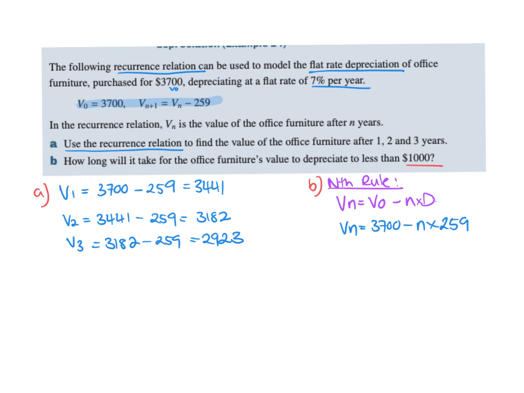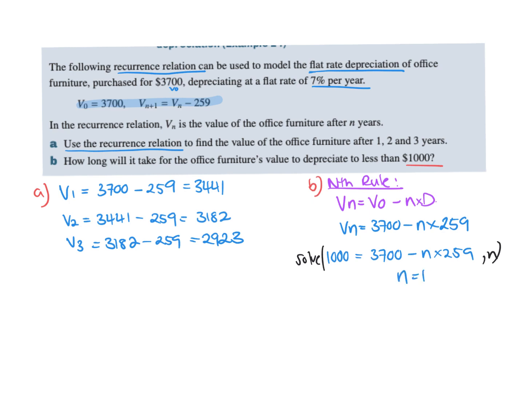So then we want to know when it's 1,000. So when will this formula give me 1,000? So if I write that out, what function are we going to use on our calculator? We're going to use solve. And the reason I'm putting it in a different color is because I don't really want you to put that part on your exam paper, but I do want you to know that's how you're finding it.